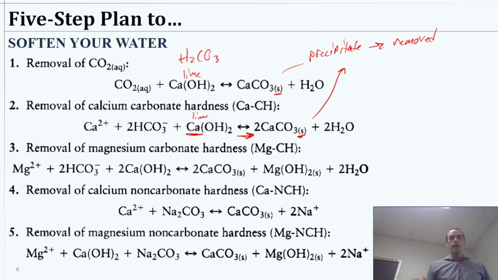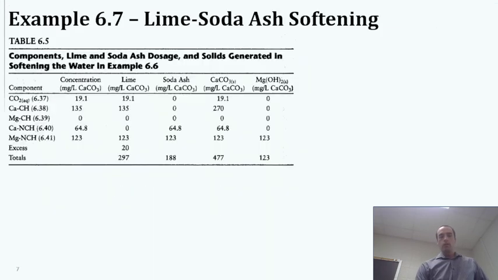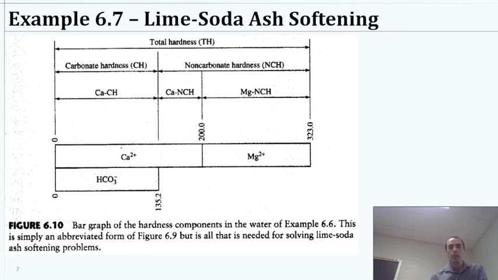Now, the next step would be to remove the magnesium carbonate hardness. In the graphic here, the carbonate hardness does not extend all the way over, but there's no reason it couldn't, right? It could, hypothetically, extend all the way out there, right? And then all of our calcium would be calcium carbonate, because we just ran out of calcium before we ran out of carbonate.